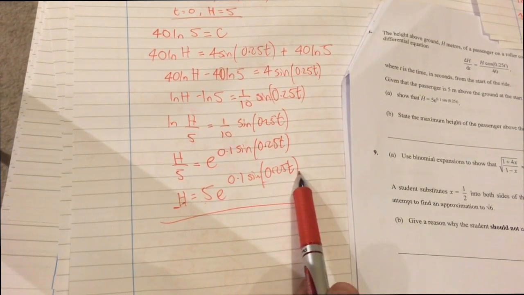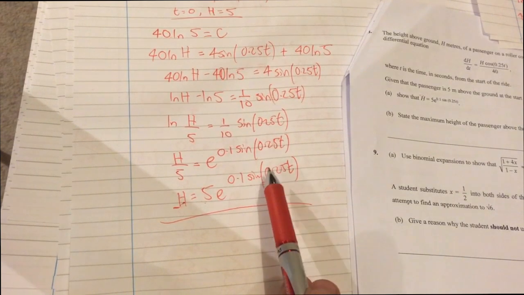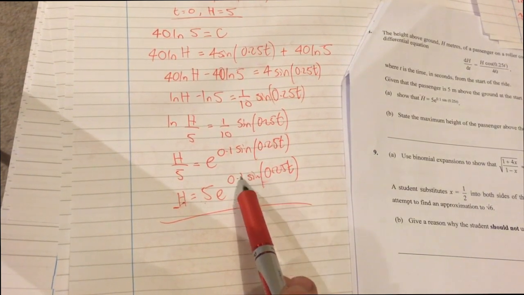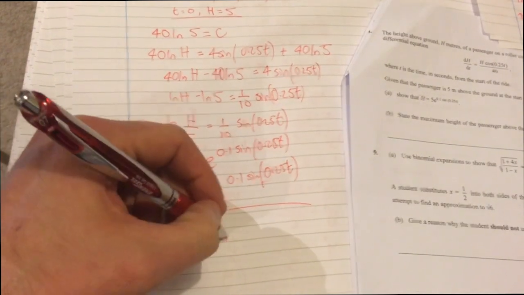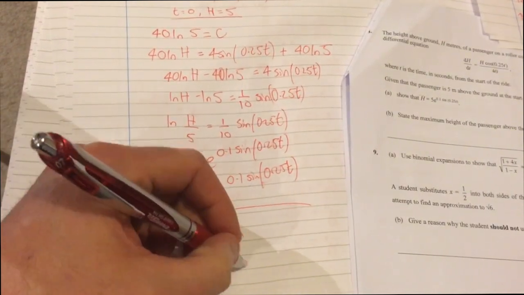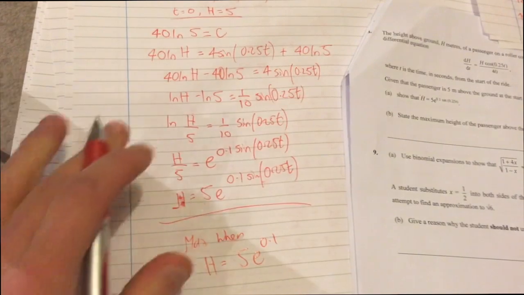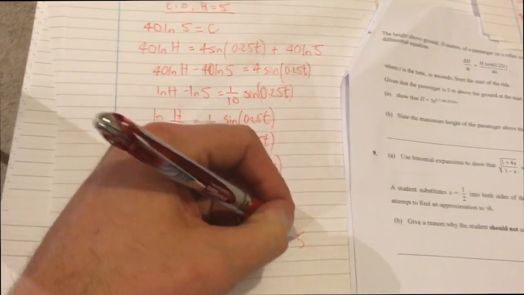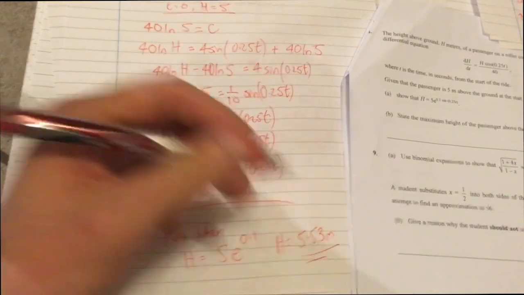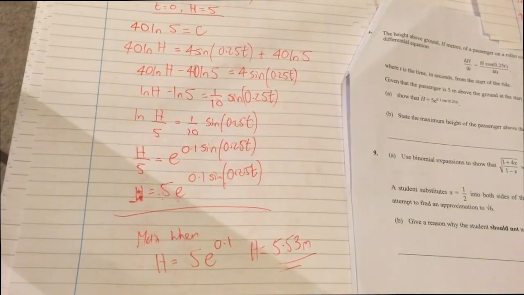So we've got a sine graph. Now sine's maximum is 1, so 1 times 0.1 is 0.1, so our maximum is going to be when h equals 5e to the 0.1, and if you type that into a calculator, you get h equals 5.53 meters to 2 decimal places. So that's our max height.